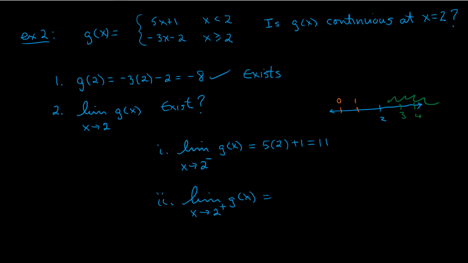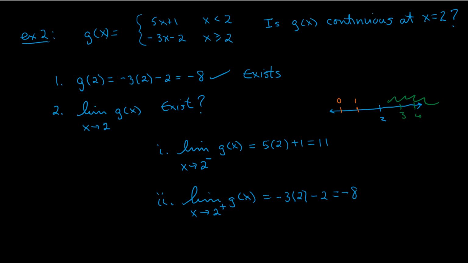So our x values are now going to be greater than 2. Greater than 2, according to this function, means that we're going to need to use the -3x minus 2. So I'm going to copy that down. I'm going to do the -3 times the x value I'm interested in, 2, minus 2 is going to be -6 minus 2 is a -8.